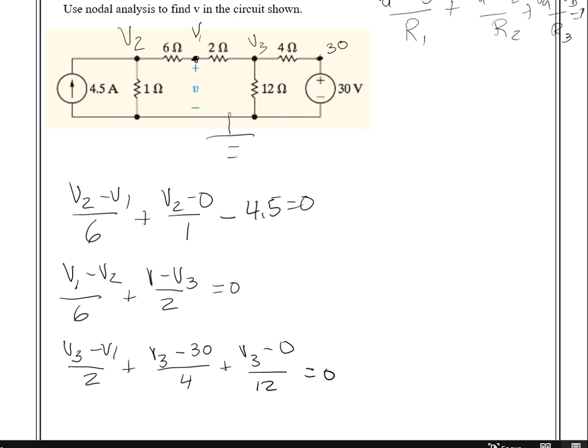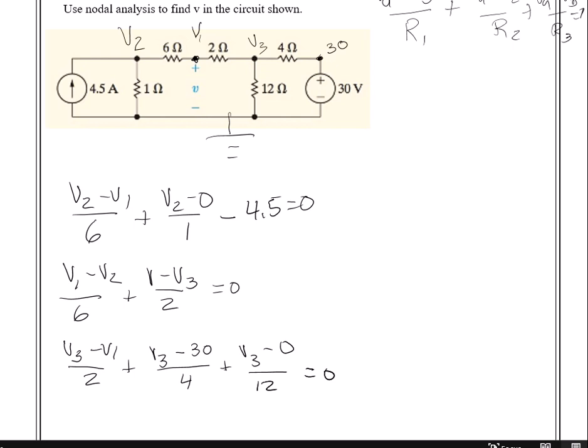And so that's what I'm doing here, and I am saying all of my currents are coming out. They're all coming out, and that's why it equals 0. And that's why this 4.5 had to be negative, because it's going in, but I need everything to be coming out. So I'm always starting with my node and then minus the voltage on the other side.